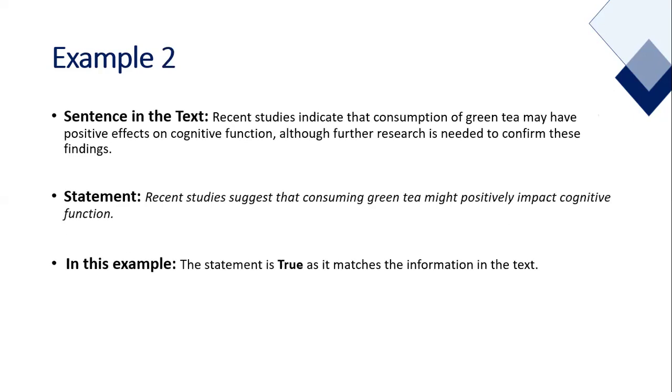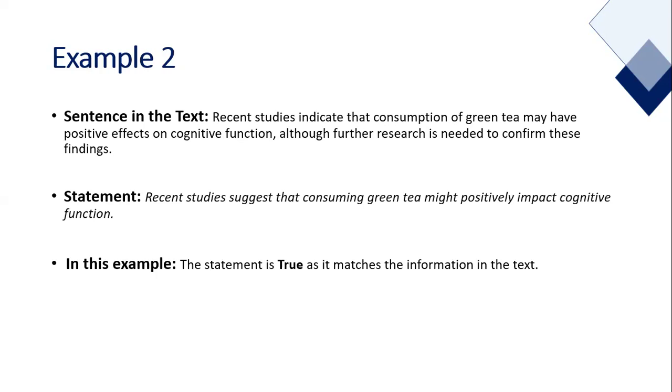In example 2, the statement that is given to us is: recent studies suggest that consuming green tea might positively impact cognitive function. So what are the keywords over here? Recent studies, positively impact. What is the sentence that is given in the text? Recent studies indicate that consumption of green tea may have positive effects on cognitive function, although further research is needed to confirm these findings.